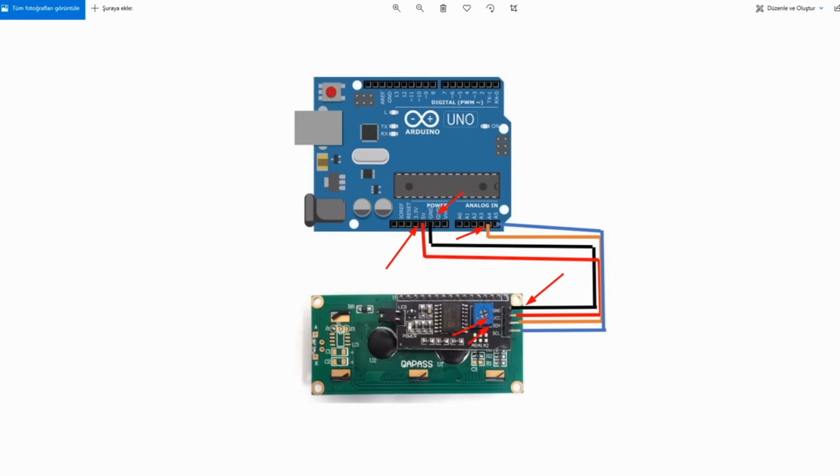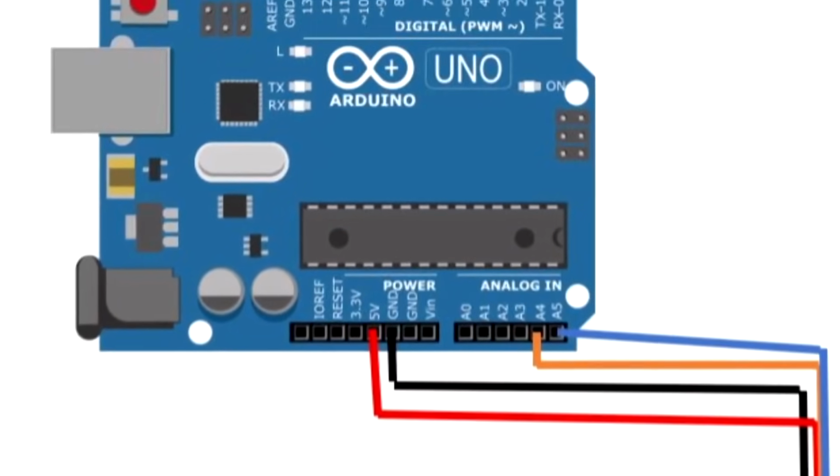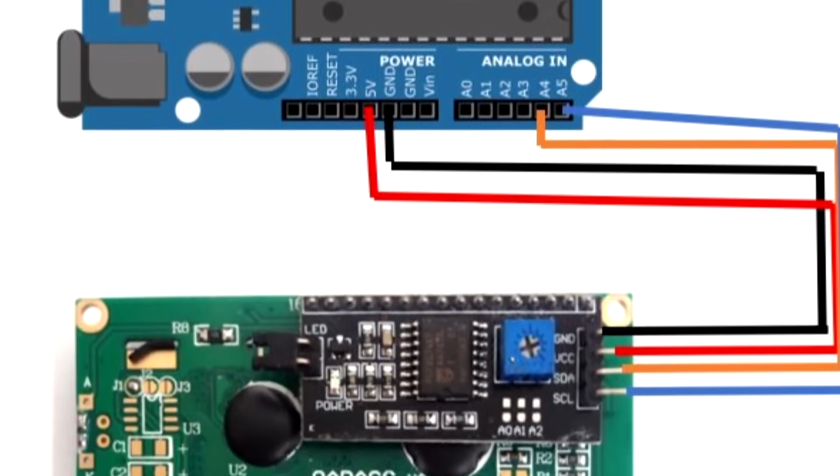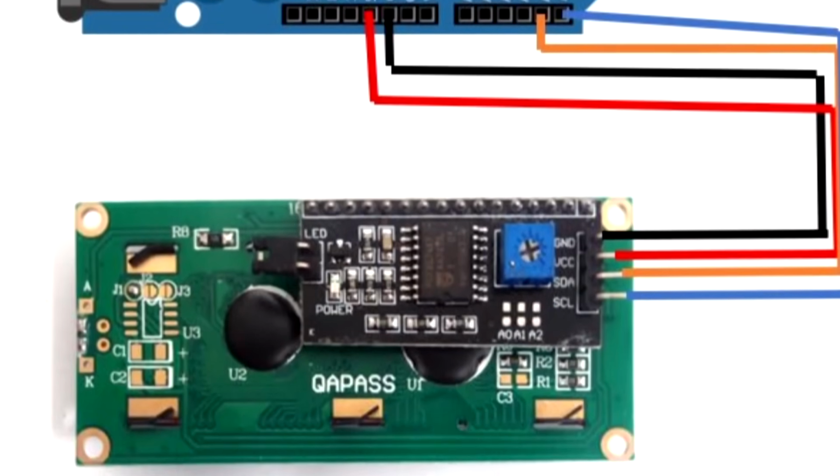Finally, there is the connection of our SCL pin. SCL pin is set as analog 5 pin on our Arduino Uno board. For this reason, we will connect the SCL pin on our LCD screen to the A5 line. Yes, our connection diagram is up to here. Let's move on to our next lesson and print text on our LCD screen.